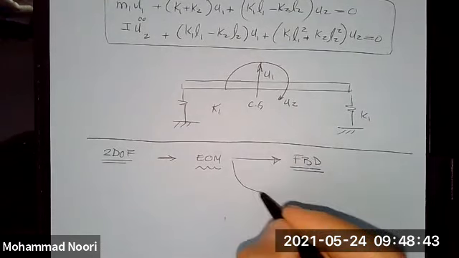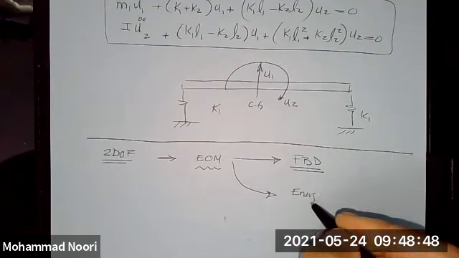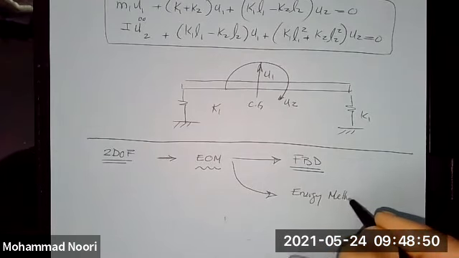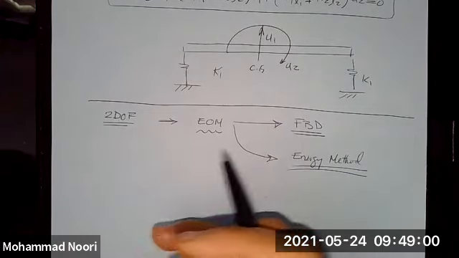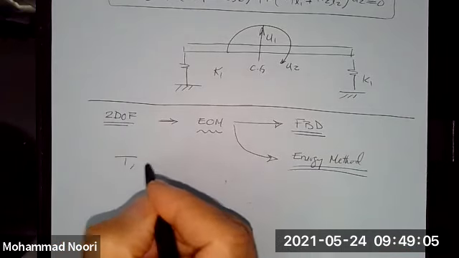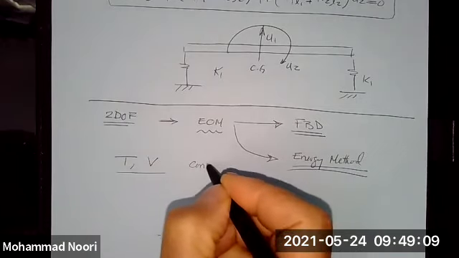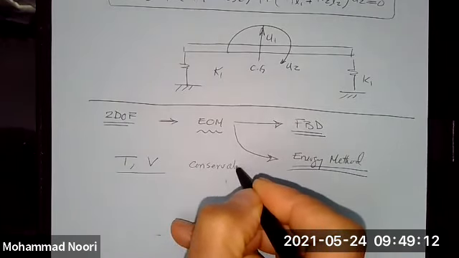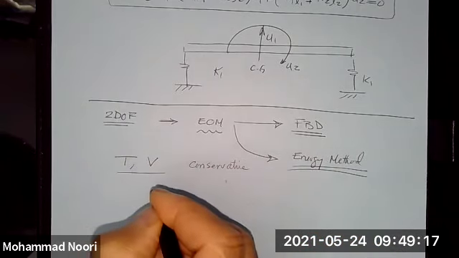Similar to single degree of freedom systems, we also want to introduce the energy method, because we found that the energy method is a very powerful approach. In single degree of freedom, what we said was that if you can find the kinetic energy and the potential energy of the system, and the system is conservative, the sum of these two is always a constant.